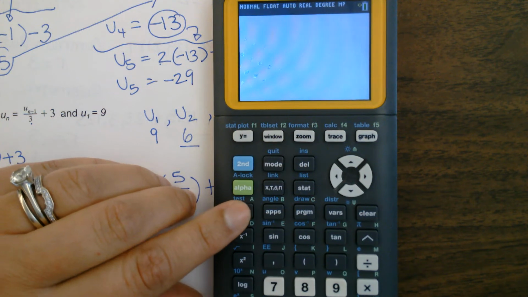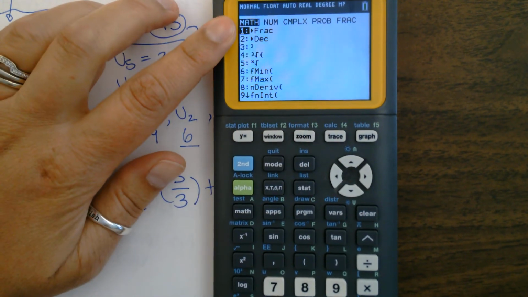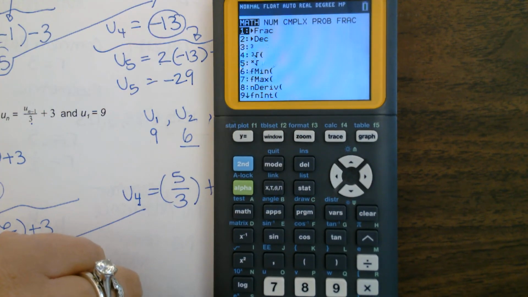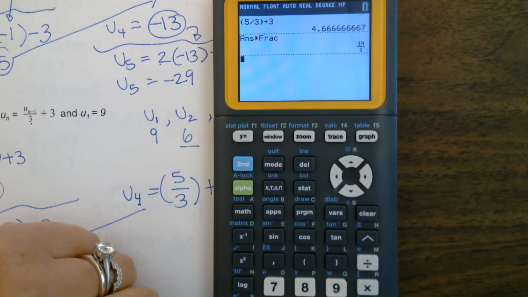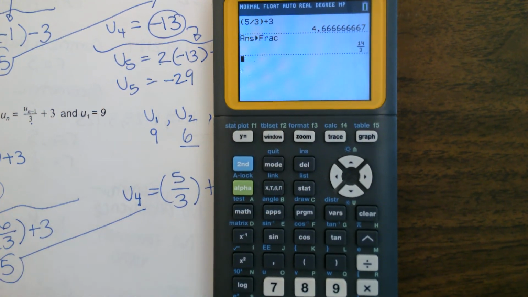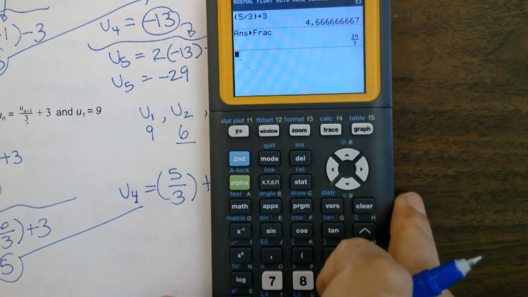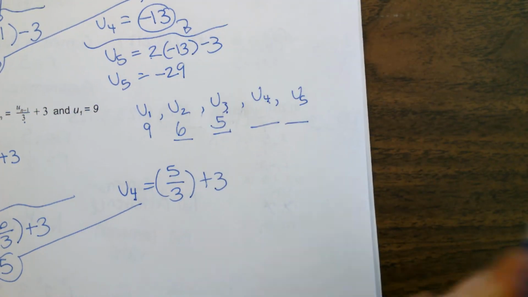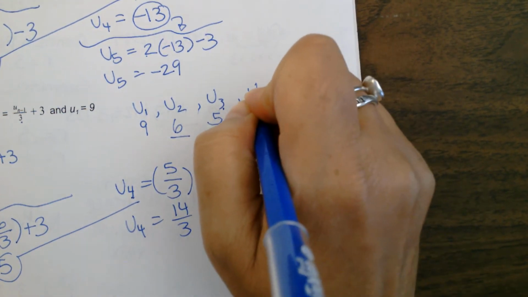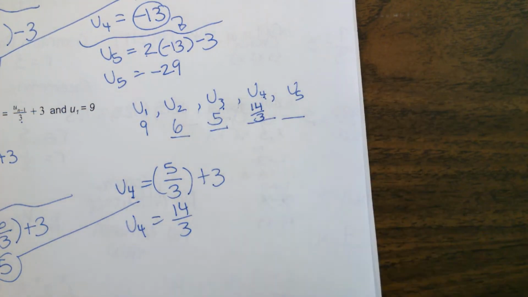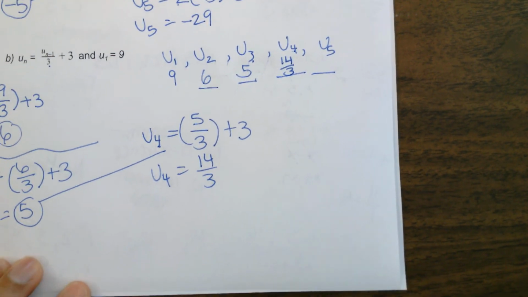We press the math button. We want it in a fraction, so we press number 1. And it gives you a nice fraction, 14 thirds. So u sub 4 is 14 thirds.